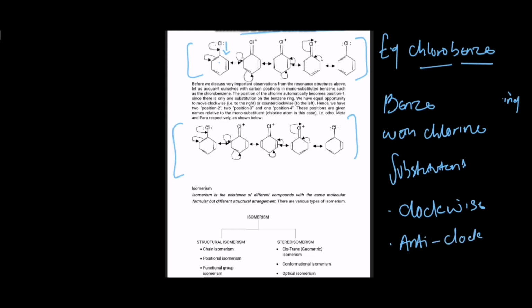We can look at it from two directions, to the right and to the left. Because of these different perspectives in building this chlorobenzene ring, you identify different relative positions on the ring.